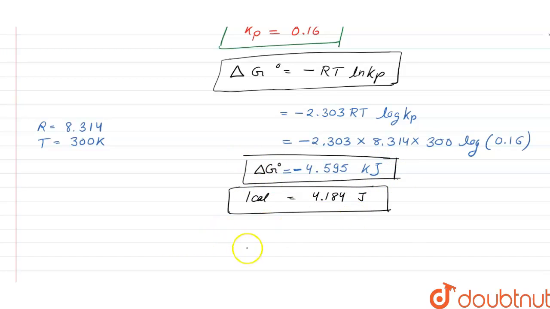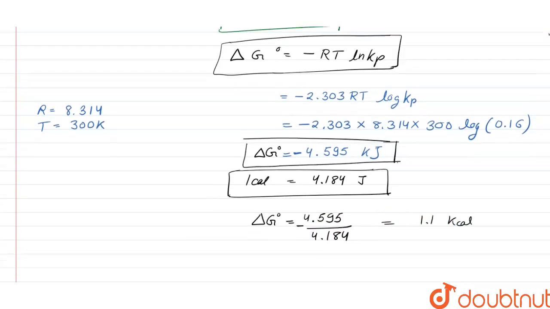So for conversion, let's write the delta G naught value in calories. 4.595 divided by 4.184 will give us the value 1.1 kilocalorie.